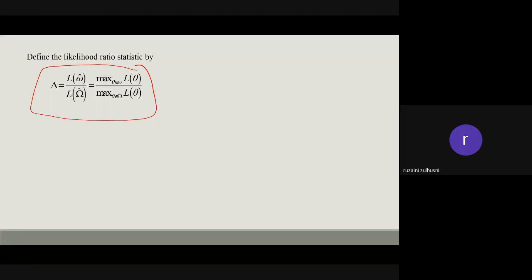So you take the maximum value of your likelihood function for theta belonging to small omega, which is your null hypothesis, divided by the maximum of your likelihood function L of theta, but theta belonging to large omega, which is all the possible values in your data set. So that is your likelihood ratio statistic. Okay, we will use the same approach as Neyman-Pearson, but it depends on the maximum likelihood function. Okay, the maximum likelihood function.